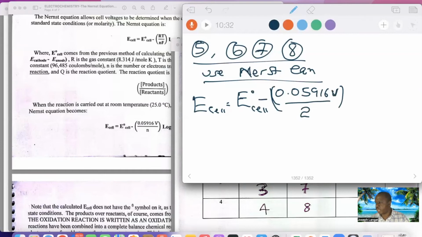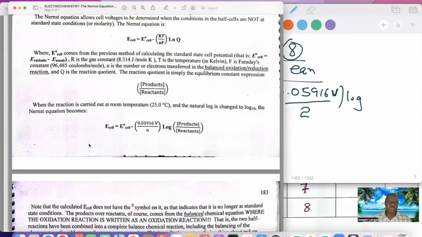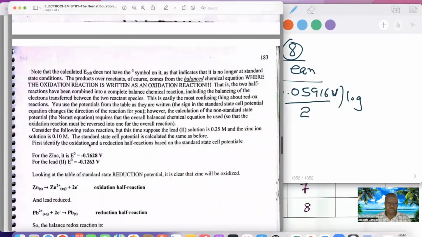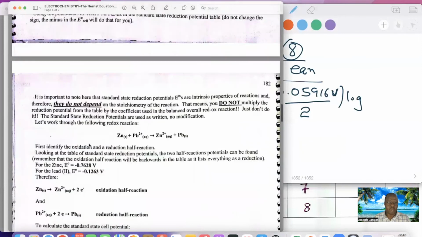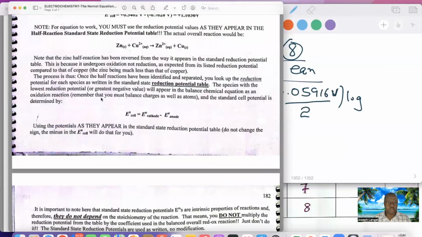This is the equation we are going to use right here. It's the same one we have right here.